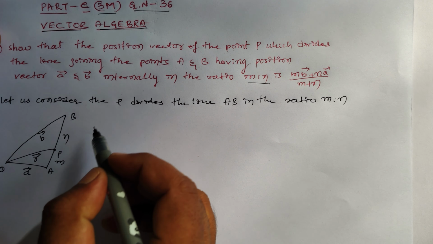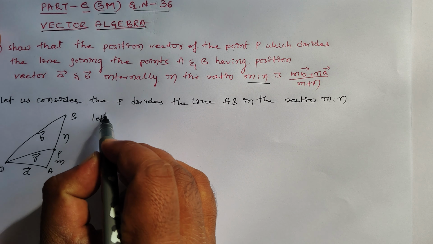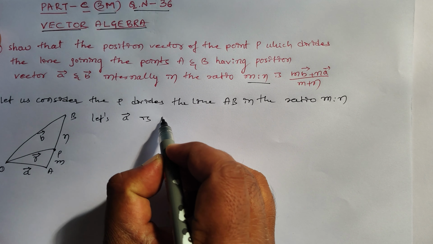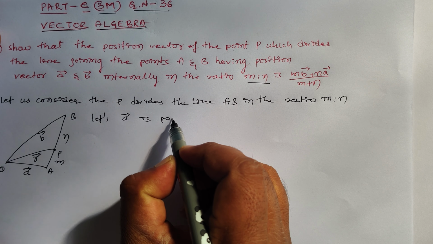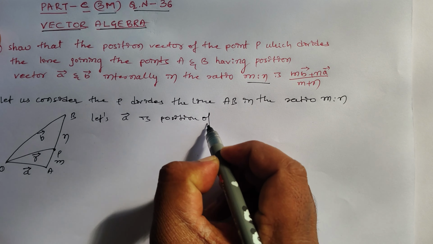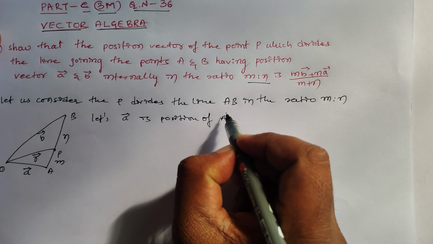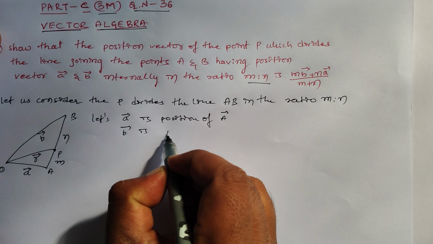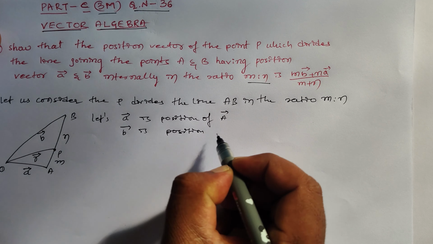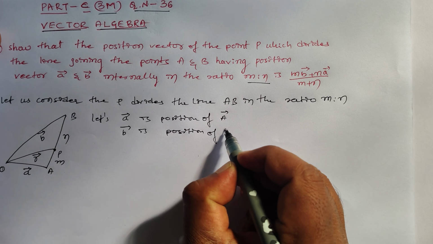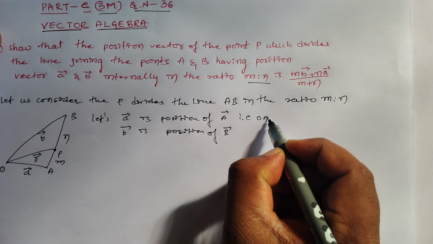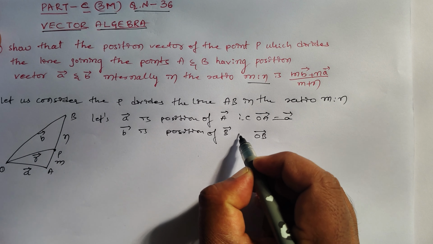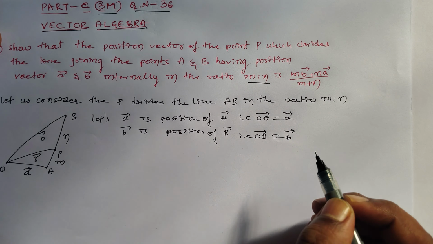So after the diagram is complete, A vector is the position of A. B vector is the position of B. That is OA vector is equal to A vector, and OB vector is equal to B vector.